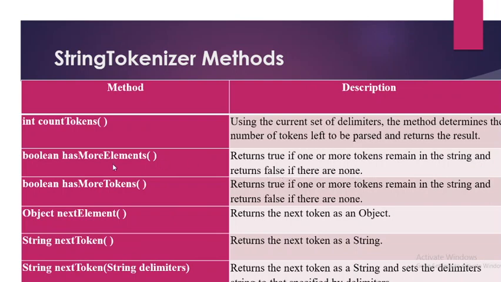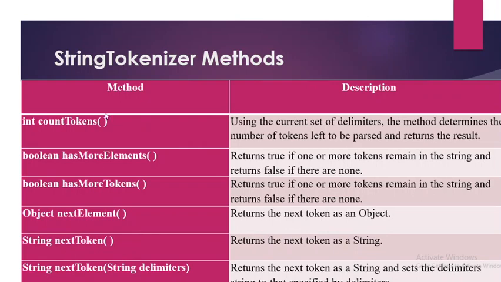So while reading tokens from our object, at any time we can check whether there are any tokens left within our object or not. That can be done by using hasMoreElements. The return value is boolean, either true or false. If some elements remain, then the return value will be true, otherwise the return value will be false.